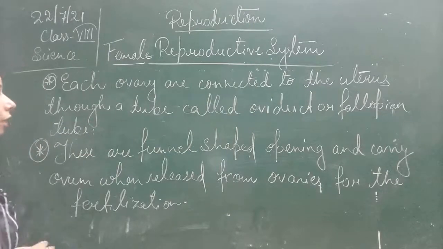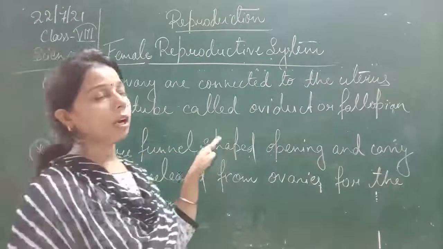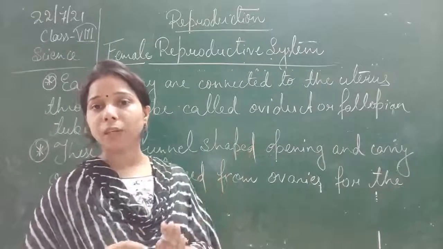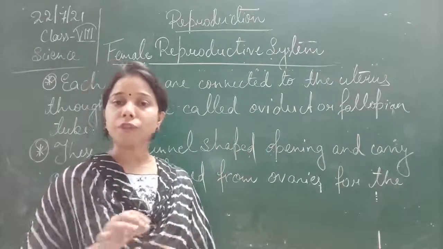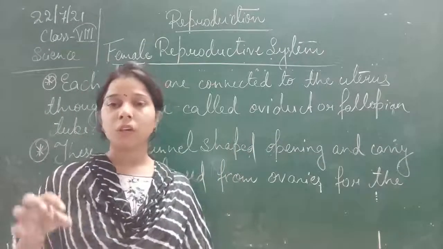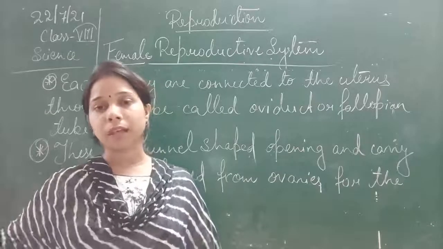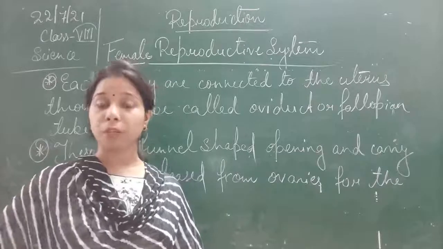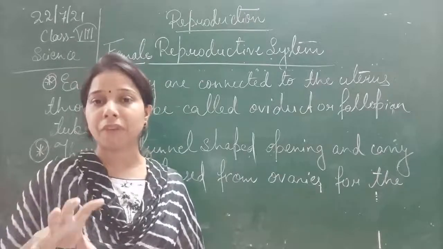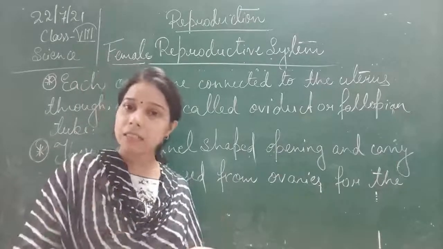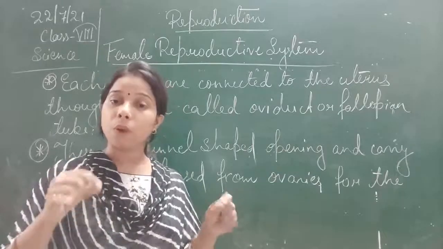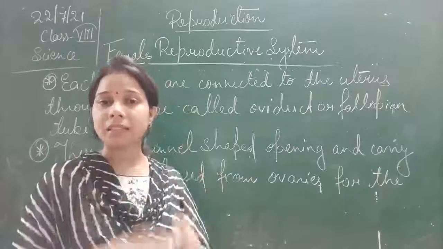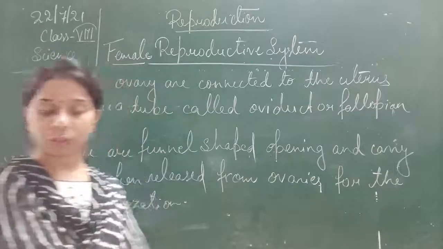So these are funnel shaped. Actually, the fallopian tube is the site where the fertilization process occurs. So first of all, the ovaries are the glands which release the ovum into the oviduct, into the fallopian tube. The fallopian tube looks like a funnel shaped structure. This is the place where the fertilization process will occur.